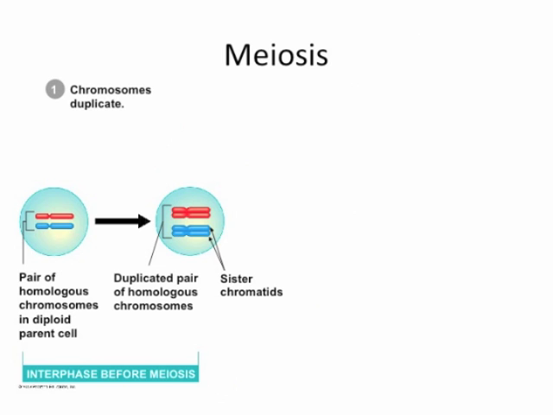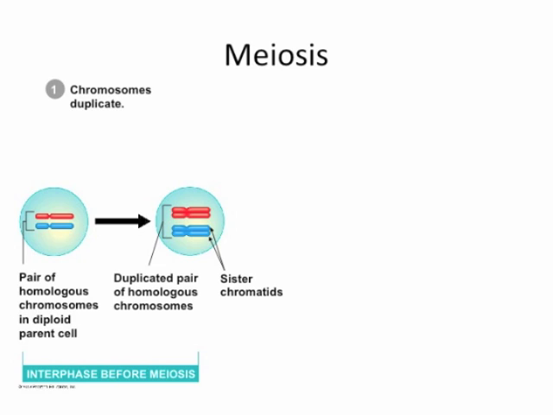Okay, so meiosis is going to occur in 2 stages. First thing that happens is sometime during interphase before meiosis, just like in mitosis, your chromosomes are replicated. So you go from having single chromosomes to replicated chromosomes.